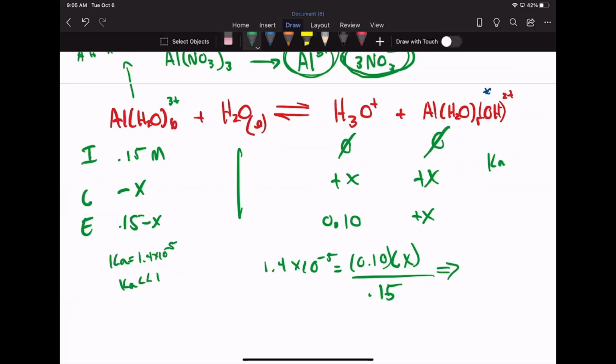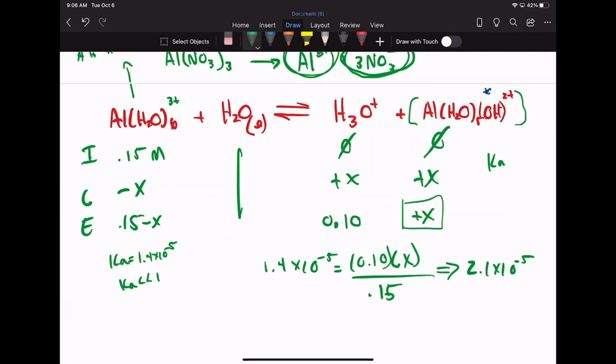So x is equal to 2.1 times 10 to the minus 5. So now I know what x is equal to. I know what this concentration is.